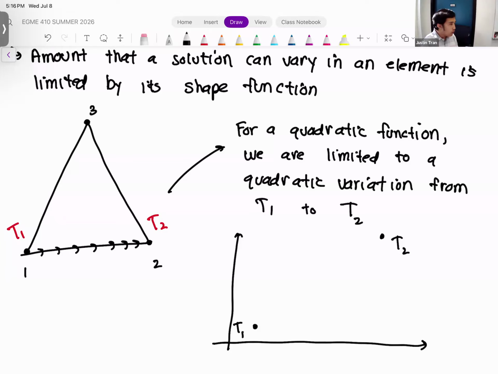So for a quadratic element, we're only limited to a quadratic variation. And so that means that the variation may only look something like that.